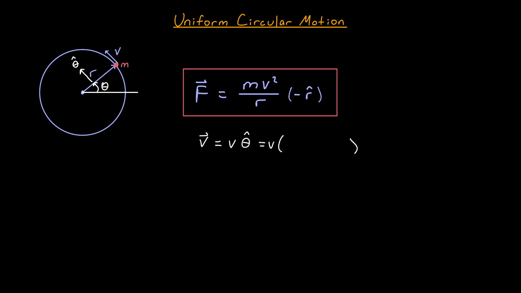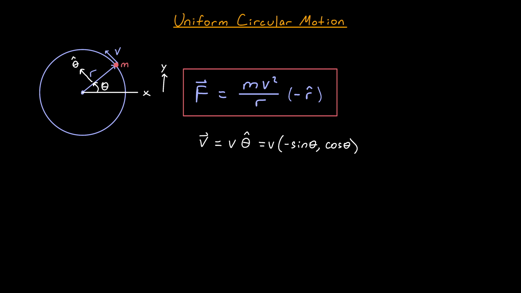If we call this horizontal axis the x-axis, and y is the typical axis defined perpendicular to it upwards, then you can check for yourself that at any angle the theta hat direction points in minus sine theta, comma cosine theta. When theta is 0, theta hat should point straight up, and indeed, sine of 0 is 0 and cosine of 0 is 1, so it points in the 0, 1 direction.